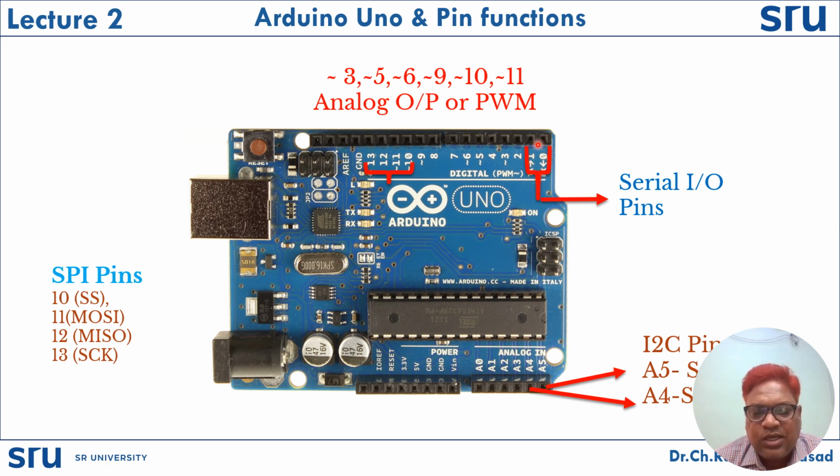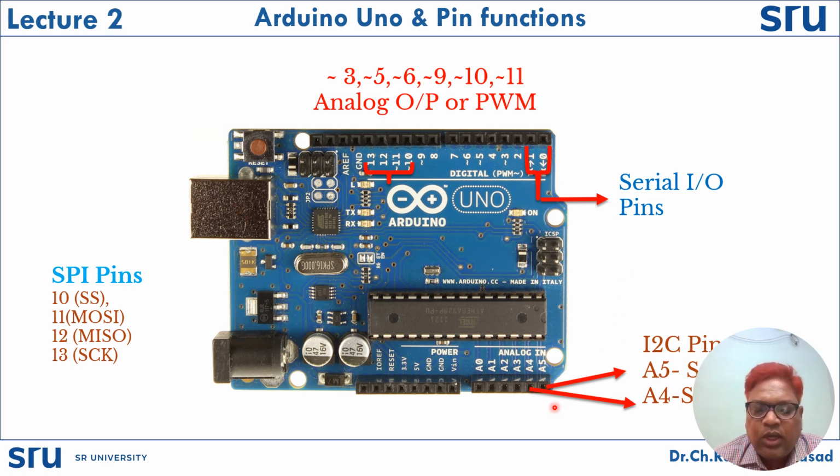When you connect external devices, an error will occur during upload. So be careful while uploading the code. Nothing should be attached to the 0th pin and first pin when you are uploading the code. This is an important note to keep in mind while uploading code with the help of the serial port, that means the USB port.